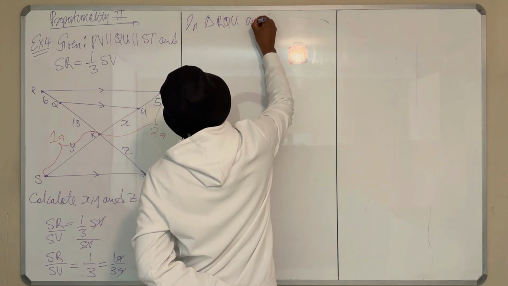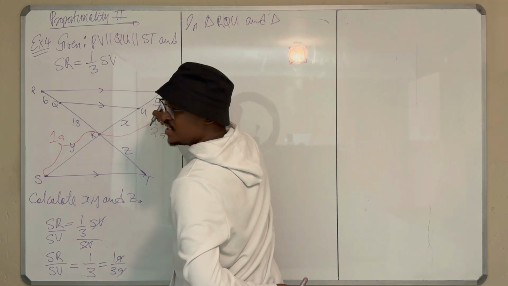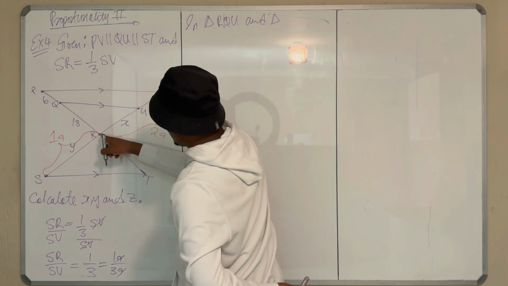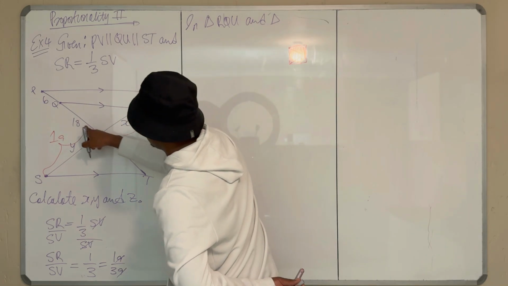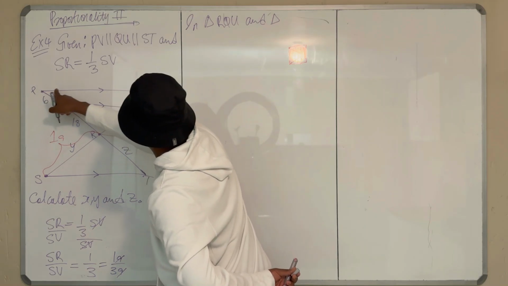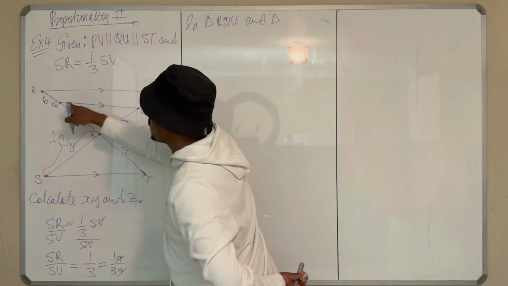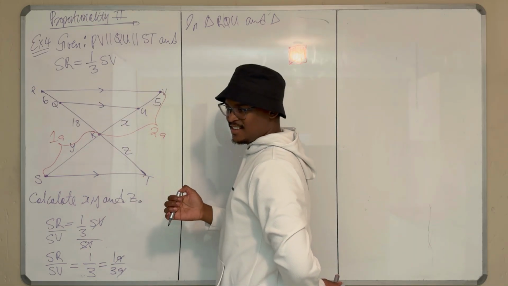RQU is this small triangle, and RPV is the larger triangle, divided by QU essentially. Do you see that?